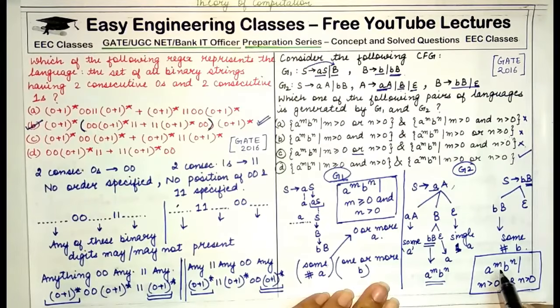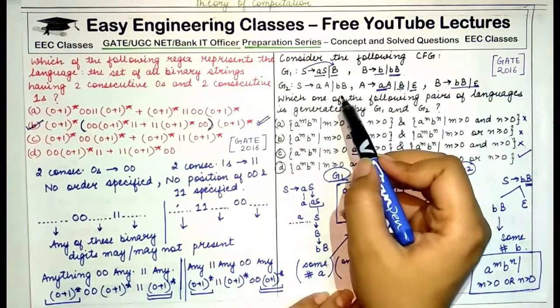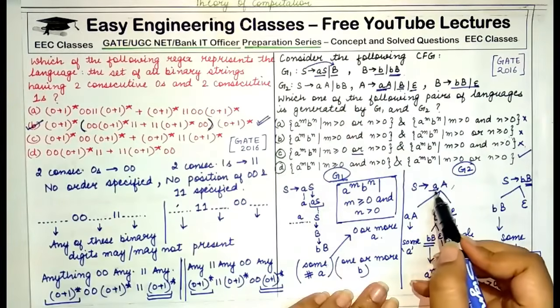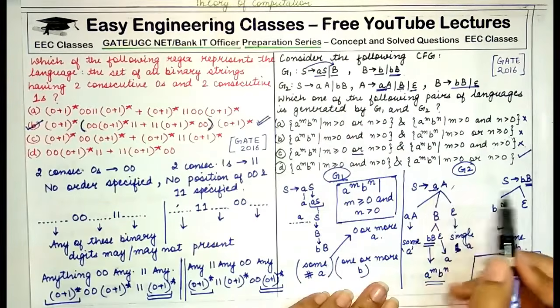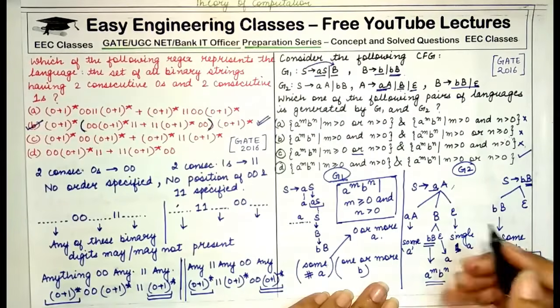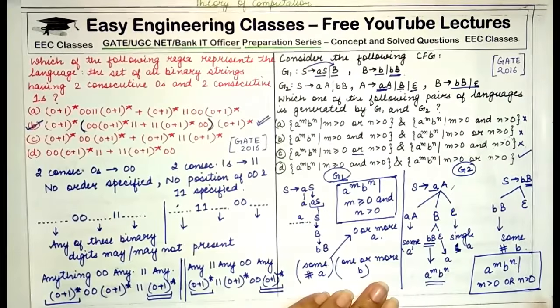If both M and N are 0, the string that would be generated would be an empty string, and this language does not accept an empty string, because as I told you, it will start from a single A and terminate, the minimum length string that is possible is a single A or a single B. It does not accept lambda. So both M and N equal to 0 are not possible.